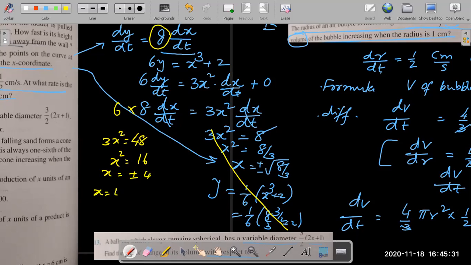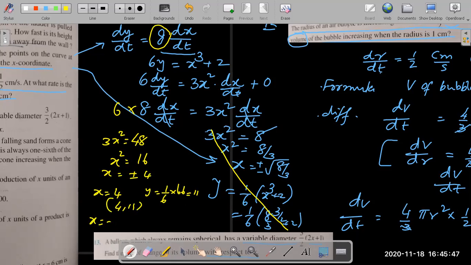So when x equals 4, I substitute into this. y will be 1 by 6 (4 cube is 64, plus 2, 66). So that's equal to 11. So one pair is 4 and 11.